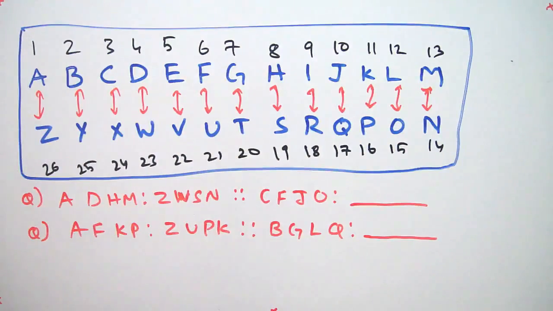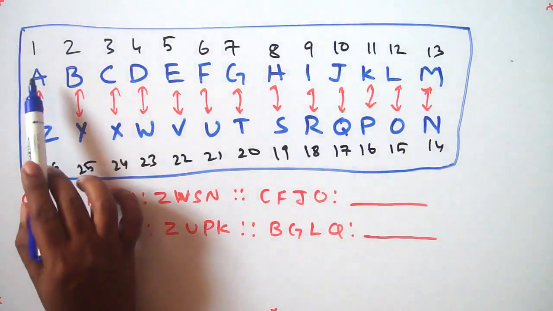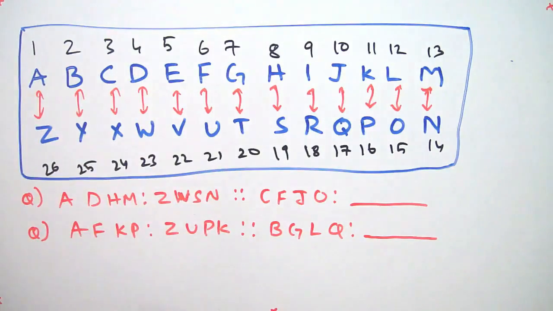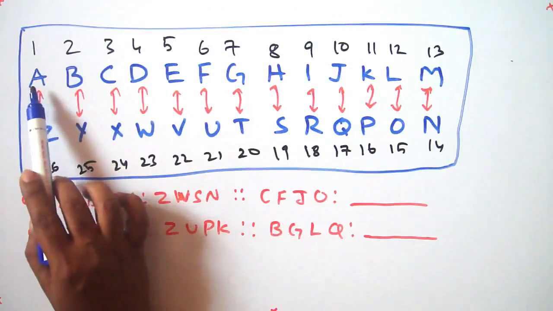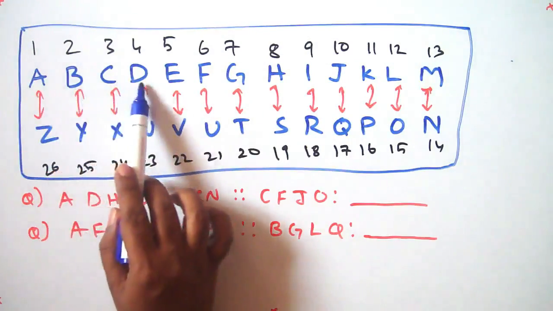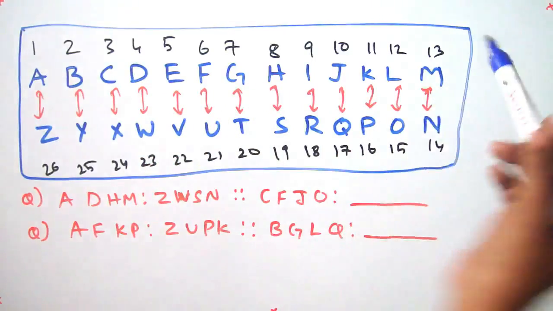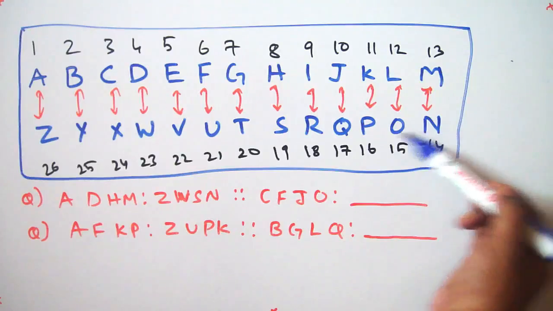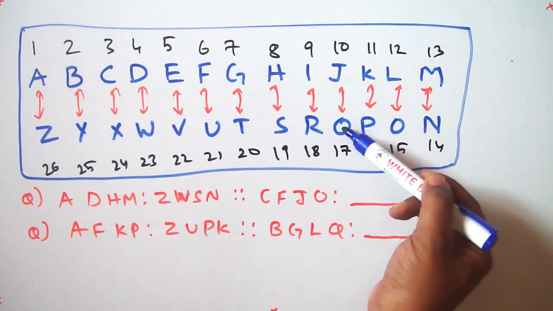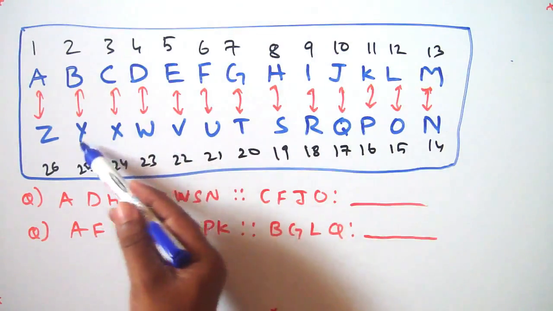It will be very useful to remember the alphabet and its corresponding number, or weight. We will say weightage, friends. A, B, C, D, E, F, G, H, I, J, K, L, M. From M, below M, you start N in the reverse order: N, O, P, Q, R, S, T, U, V, W, X, Y, Z.